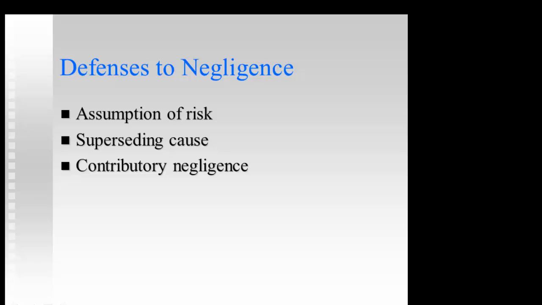Well, you would not be able to recover from the first person who pushed him into the street for the damage to the other leg. That would be a separate suit. It's a superseding cause of an injury and not a consequence of the first push.